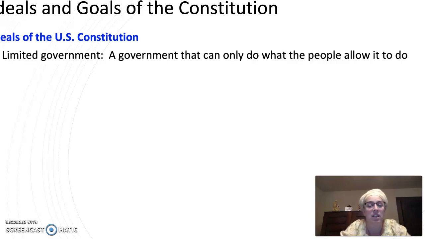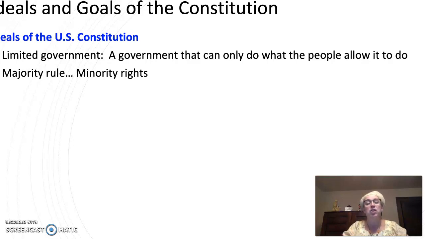So the ideals of the U.S. Constitution: there's limited government. A government can only do what the people allow it to do, meaning the government is for the people, it's given power by the people, and it needs to listen to the people. That's an ideal of the U.S. Constitution. The majority rules, meaning the more people that want something, they get the law, they get the rights, but minorities have rights.